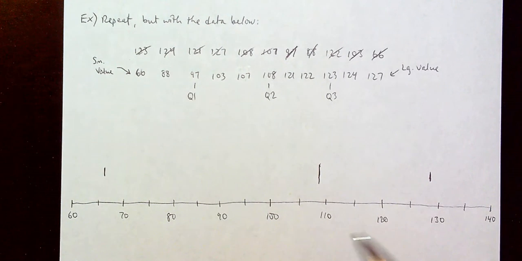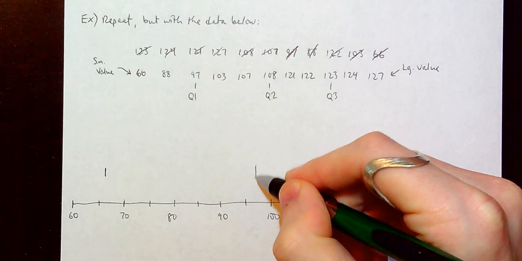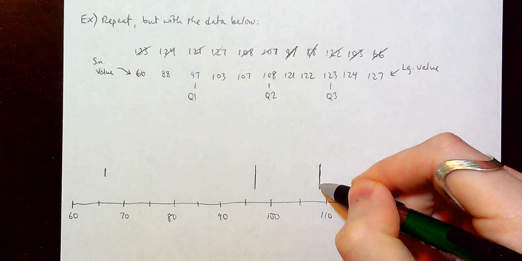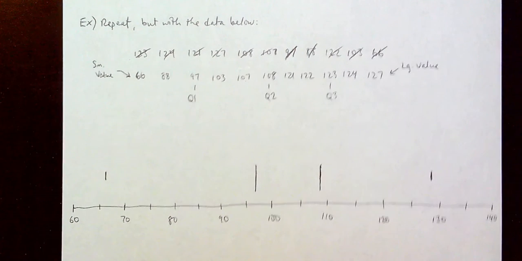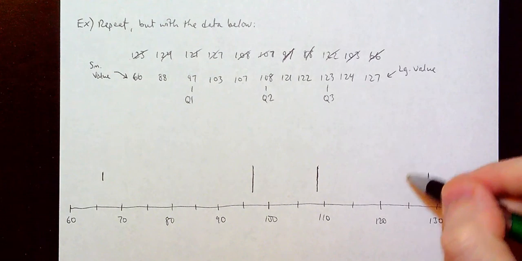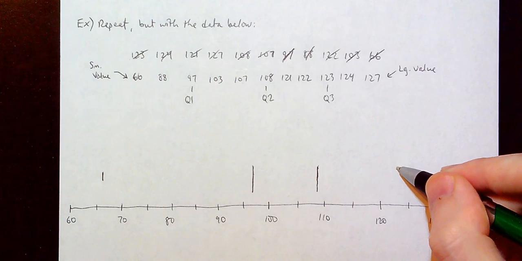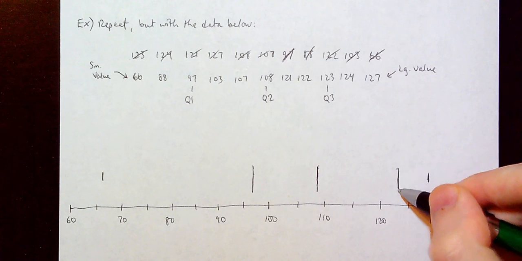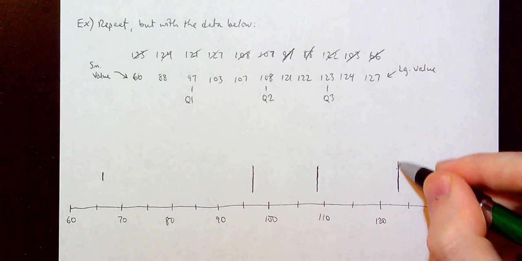First quartile of 97, going about here or so. Roughly. And then third quartile of 123 will go about there. That'll roughly do what we want.